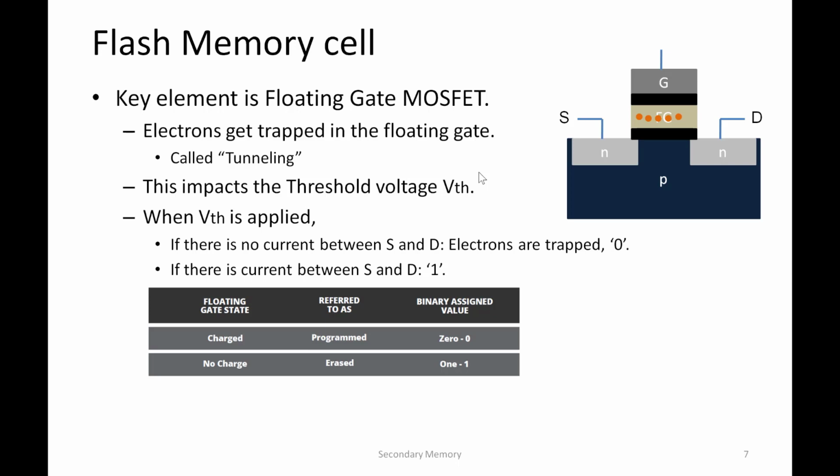If there is no charge in the floating gate, we would say the flash cell is erased and interpret it as storing 1. Flash cell is non-volatile in nature, in the sense that upon trapping the electrons in the floating gate, even if we remove the voltage at the gate terminal, the state of the cell remains same.